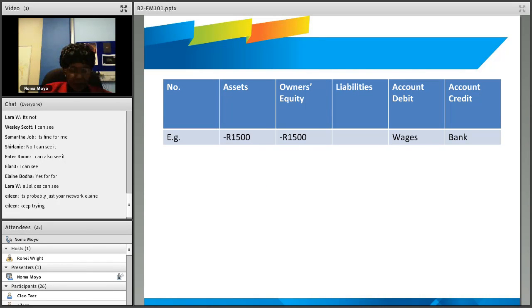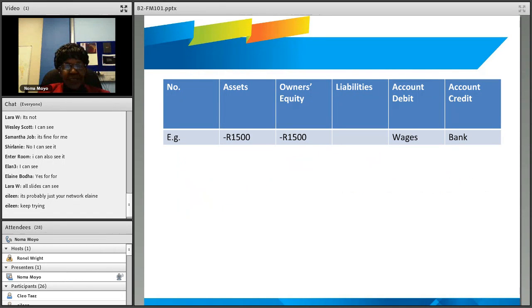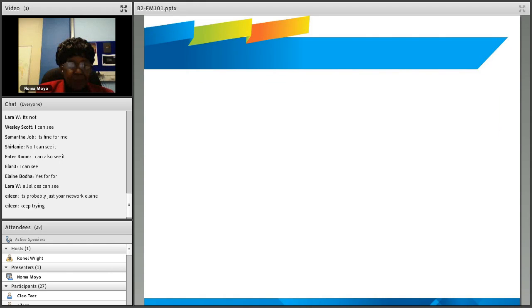For instance, if 1,500 was paid to a casual worker for the year, the wages account is going to be debited and the owner's equity goes down. Expenses reduce owner's equity. Income increases owner's equity.